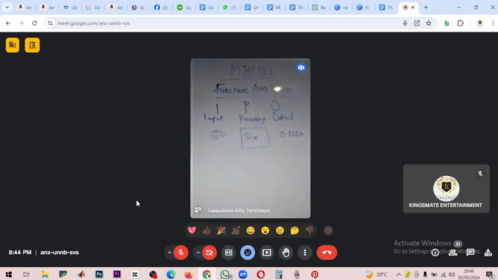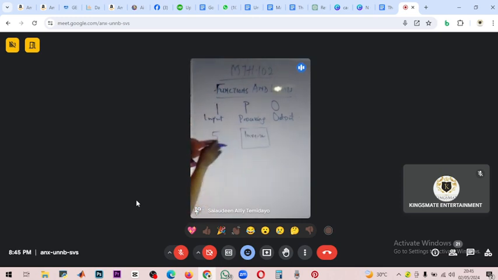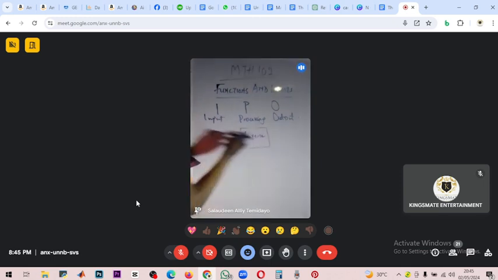Okay, I'm not using sine as the function anymore. I'm using inverse. Inverse means reciprocal. That is the function, that is the processor, the way the processor is designed. So I'm inputting 5 into this inverse function. That means the inverse function of 5. If it was sine that is here, it will be the sine of 5.